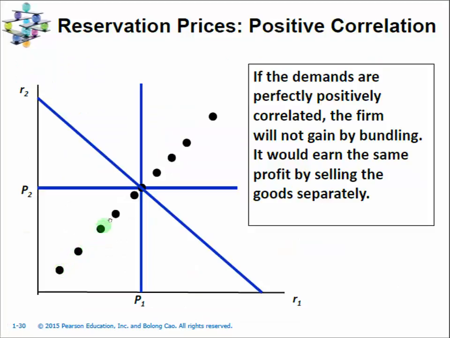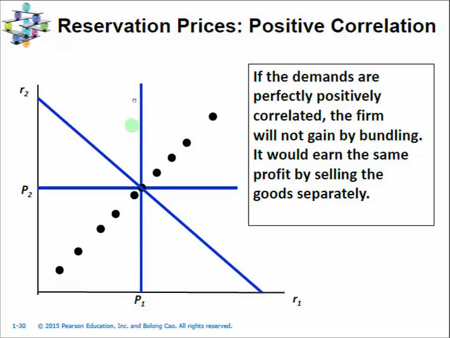In this picture, we see these reservation prices are positively correlated. If you draw a line through all these dots, the slope is positive. That's positive correlation between the two reservation prices. So whoever has a high reservation price on good 1 also has a high reservation price on good 2. Then if you set a bundling price according to this downward sloping blue line, we capture all the consumers who have a combined reservation price higher than this dot.